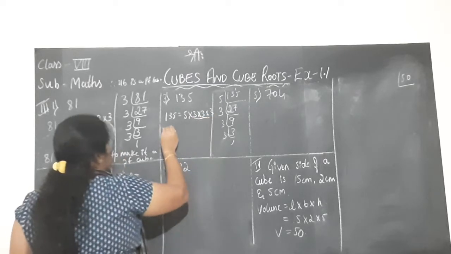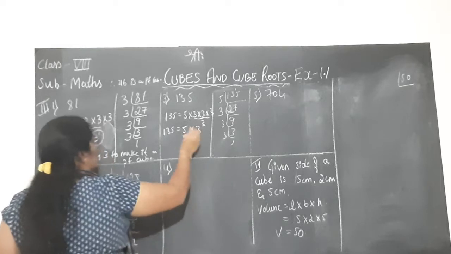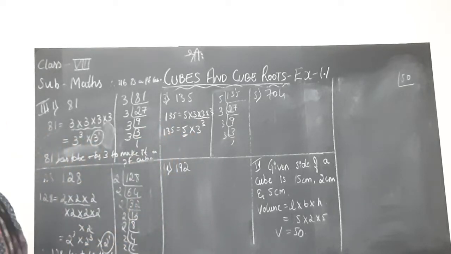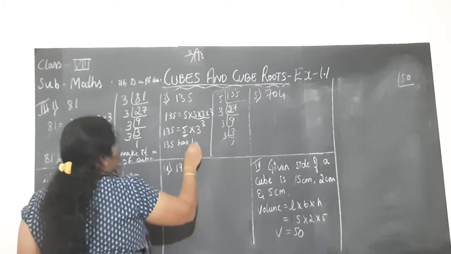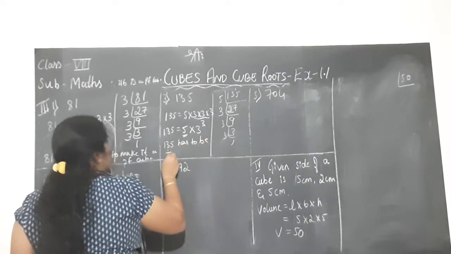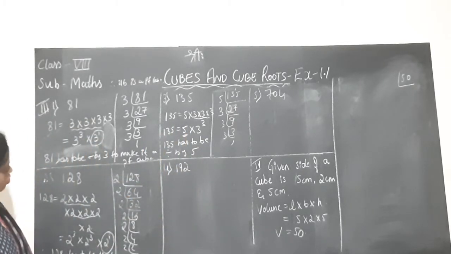So 3 cube we got, children. So 5 into 3 cube, but 5 is the number which has no pair. Therefore, 135 has to be divided by 5 in order to make it a perfect cube.